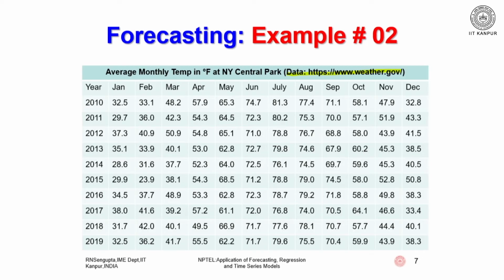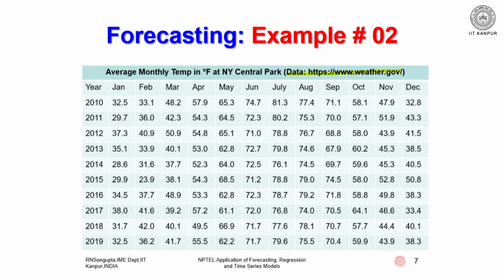In the first one, when it was production for India food grains, it was a line graph. The data is obviously available, I did not want to place that. Now, the data related to the temperature is given in a tabular format.